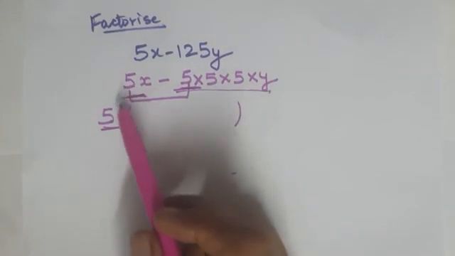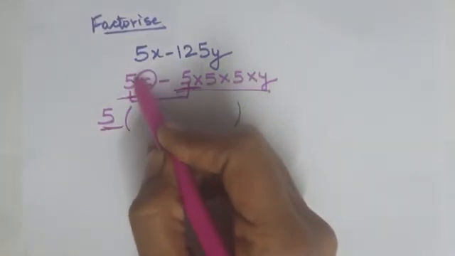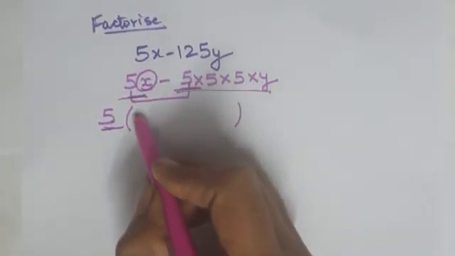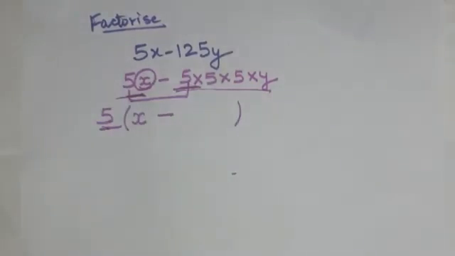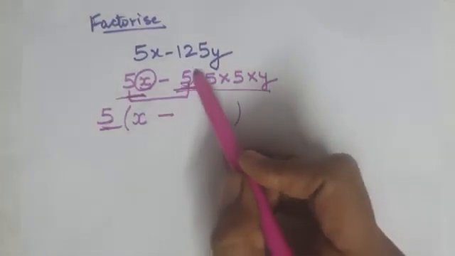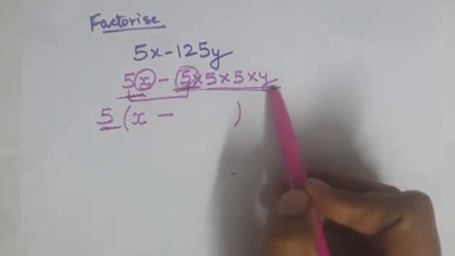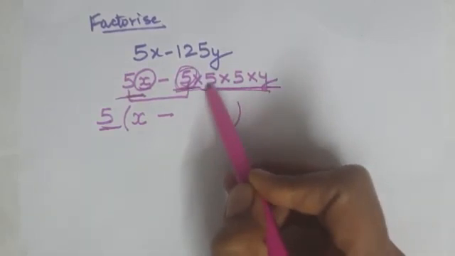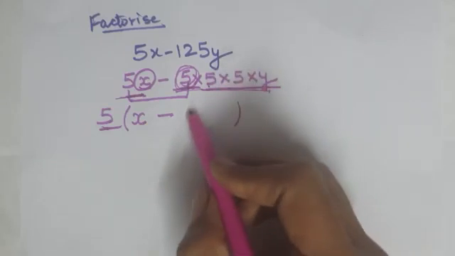Now one 5 I have taken common. So what is left here? Yes, only x is left here, minus. Now this 5 I have taken common. So what is left? Yes, 5 multiply 5 multiply y, that is 25y.